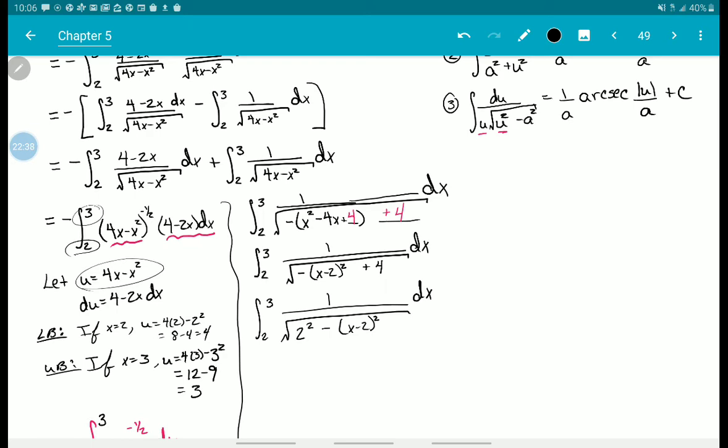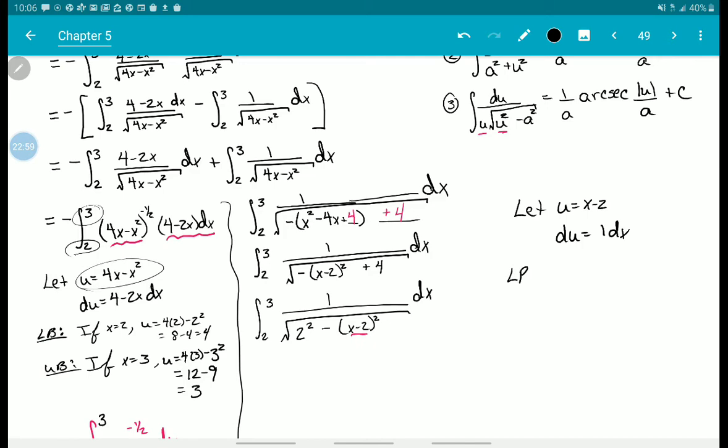So let's do our u substitution. I'm going to do it over here. Let's let u be that x minus 2. So that's this piece in here. Then du is going to be 1 dx. So we have everything we need.